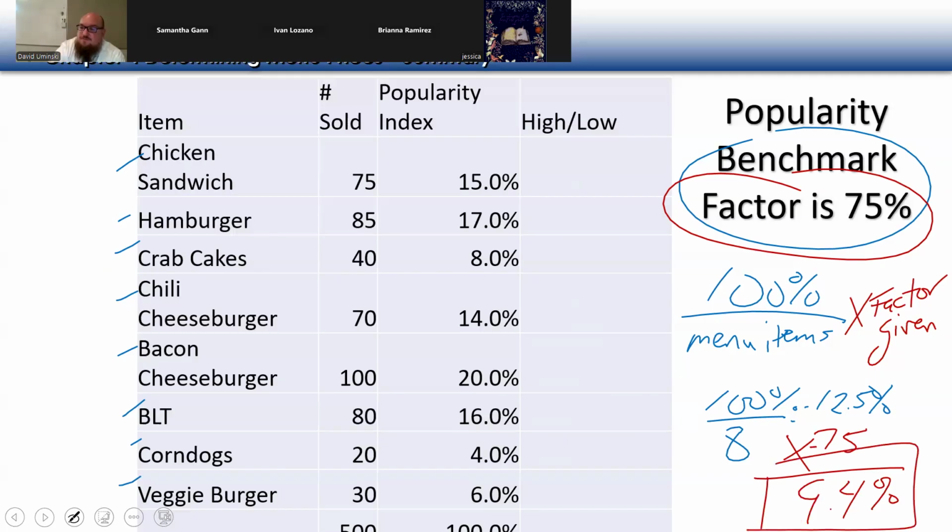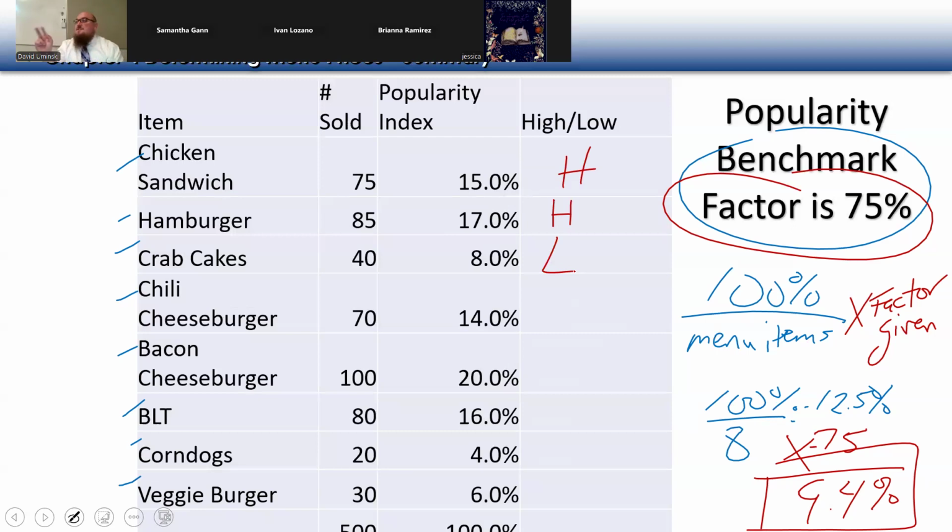This 9.4 is my benchmark. That's what I'm going to compare, okay? So is 15 higher or lower than 9.4? Higher. It is higher. What about 17? Good. 8? 8 is lower. Excellent.